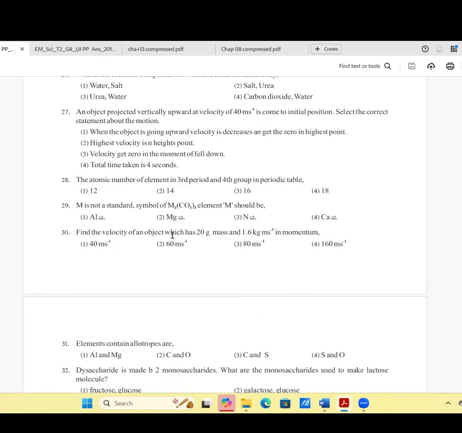Find the velocity of an object which has 20 gram mass and 1.6 kilogram metres per second momentum. Then you should use the equation of momentum. Momentum equals mass multiplied by velocity. Here we have to find the velocity, and the mass is given. But we have to convert the mass into kilograms because the momentum is given using the unit kilogram.